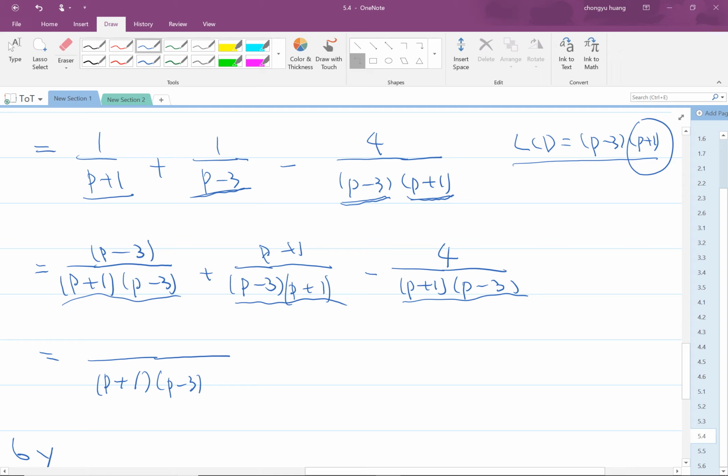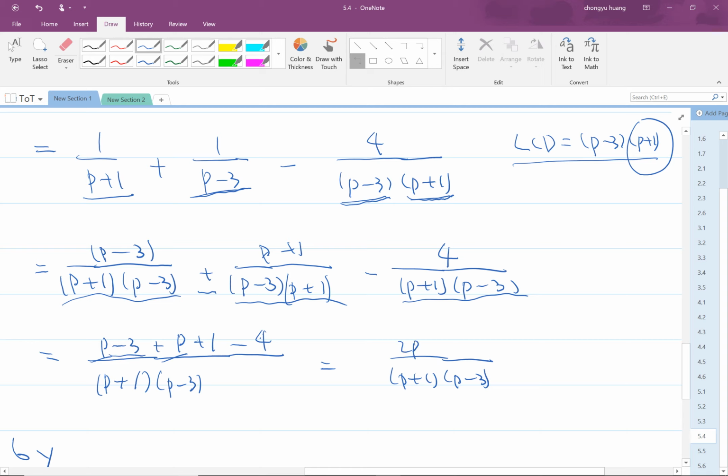Okay, so we have p minus 3, and then we have addition over here, plus p, plus 1, and then a negative, minus 4. Okay, so now we are able to simplify a little more. p plus p is 2p.